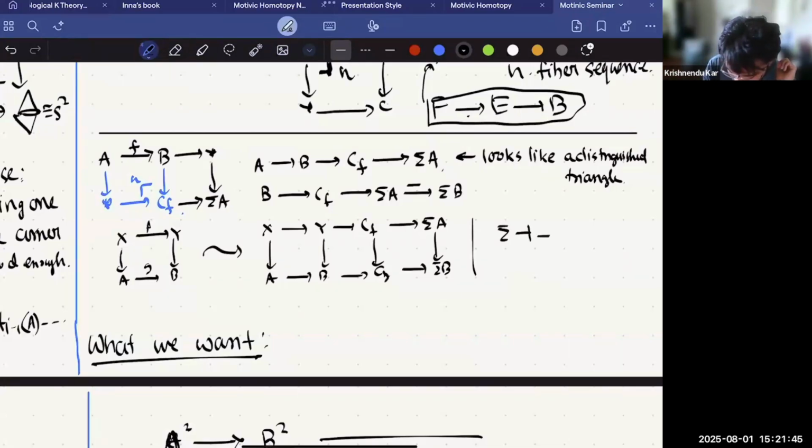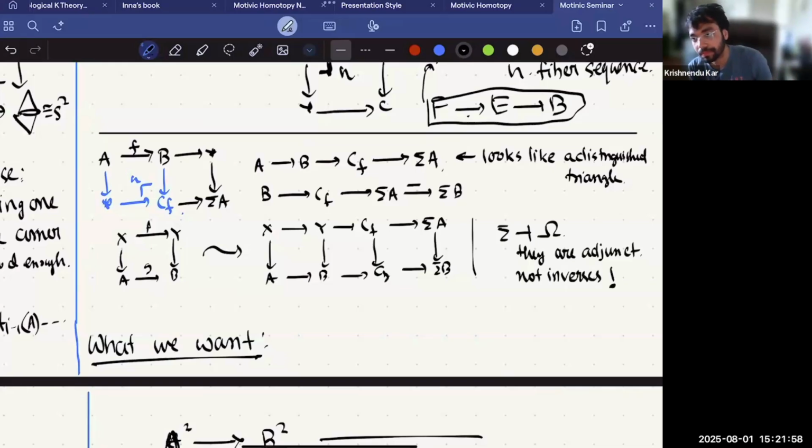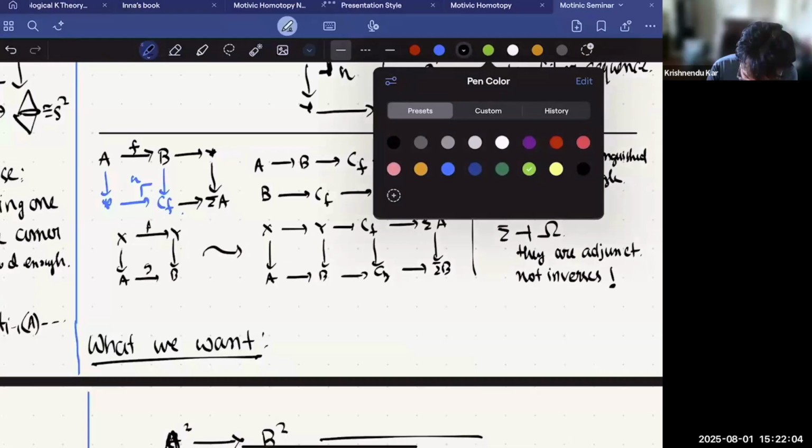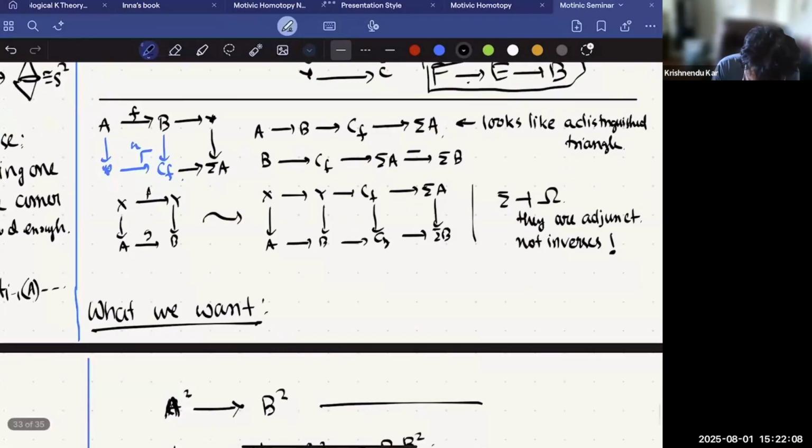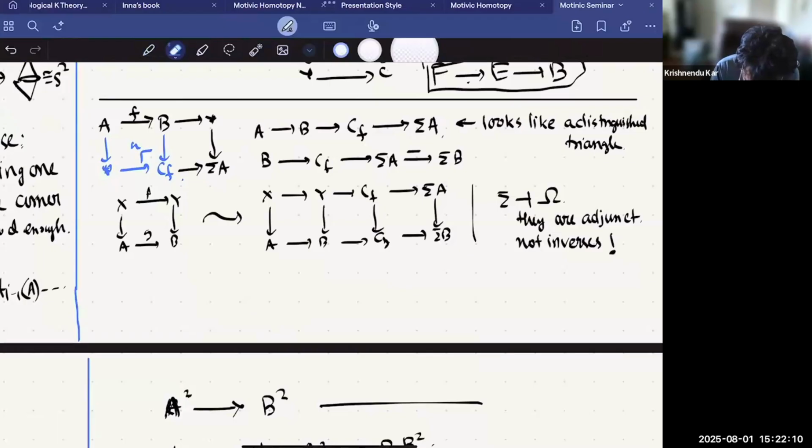Suspension and loop, these are adjoint, not inverses. At least not for topological spaces. So you will get a sequence. If you take the pullback, if I start with, let me erase what we want for now.